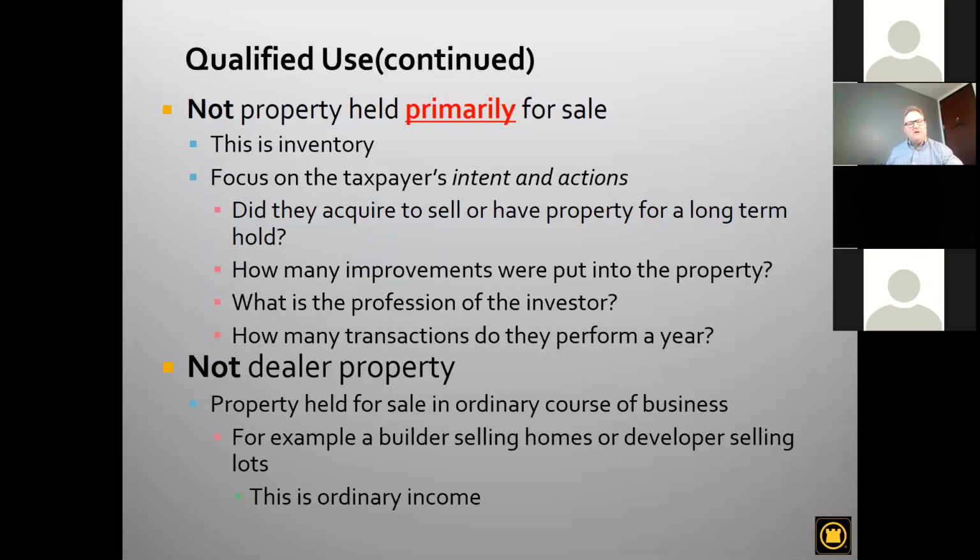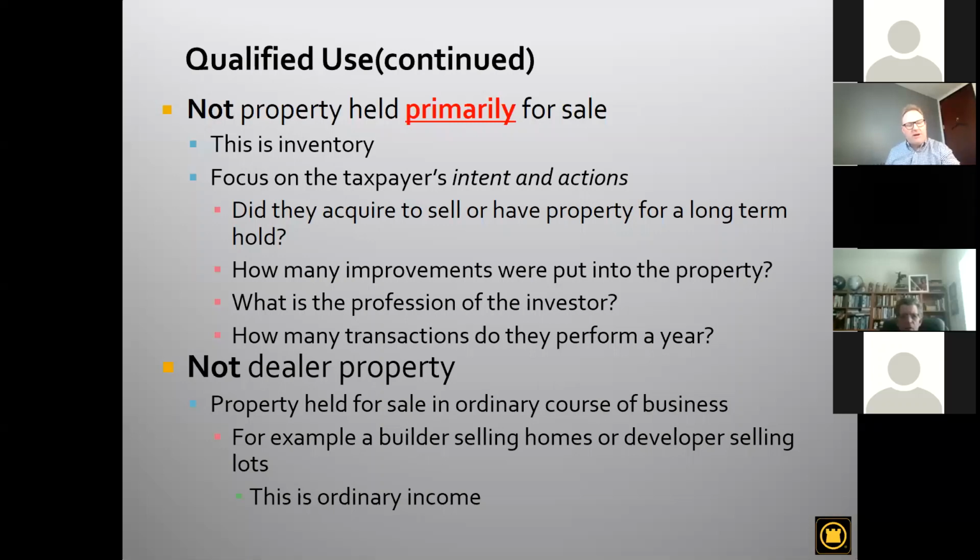And so there have been a couple of times when I've had clients who had acquired property, some had only held it for a month, and they got an unsolicited offer from another investor that wanted to purchase it. And because of their case, they were able to do another 1031 exchange and feel confident that if they got audited, their CPA or their tax attorney could defend their position.